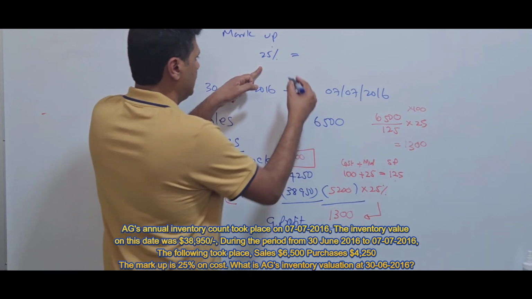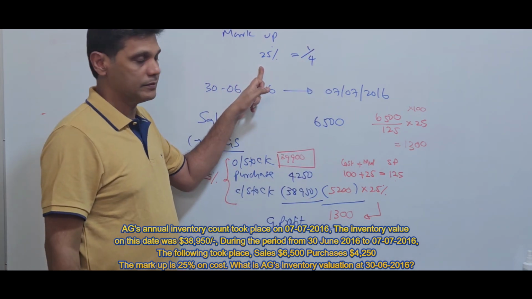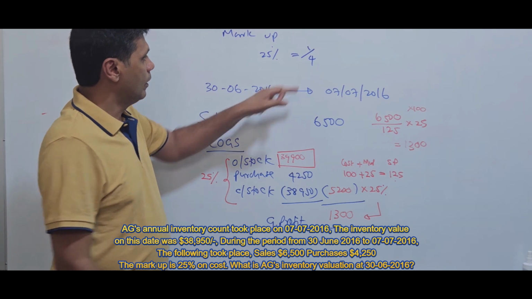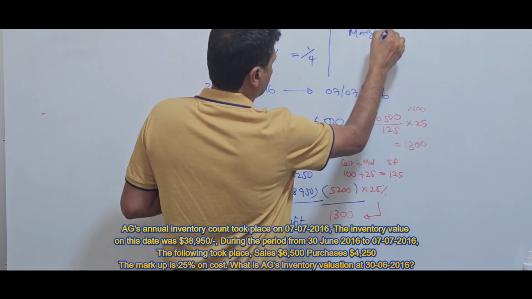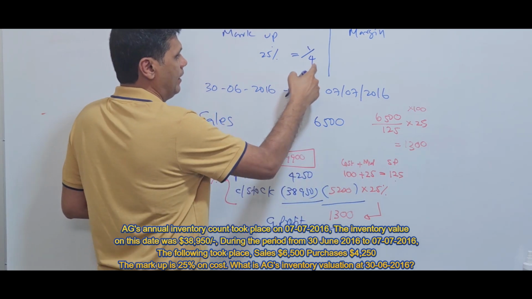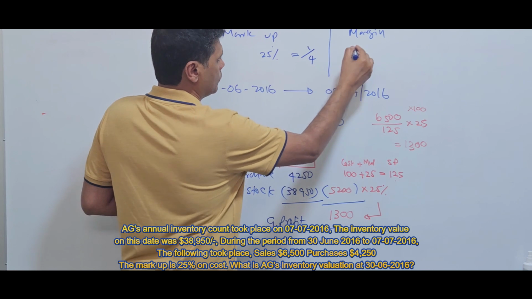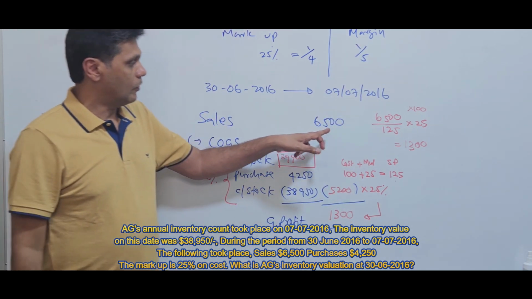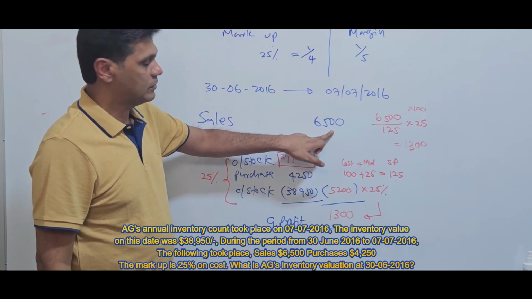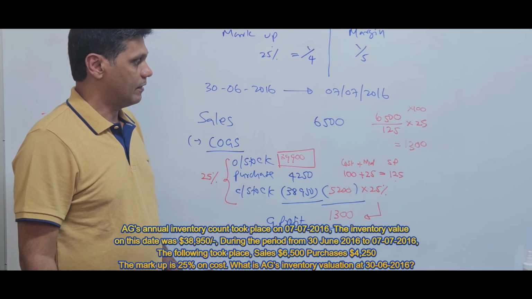So 25% is equal to 1/4. To convert this into margin, you add 1 to this 4, so that will be 1/5. So if you apply 1/5 of 6,500, that is going to be 1,300.